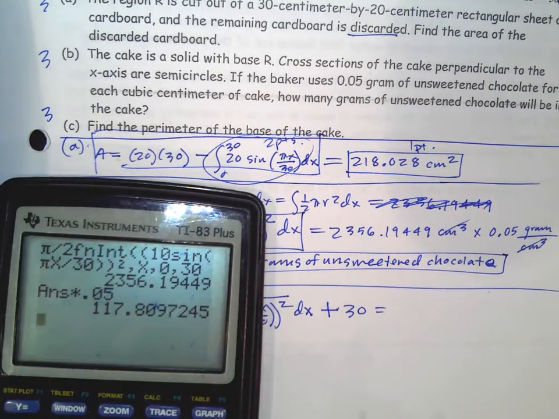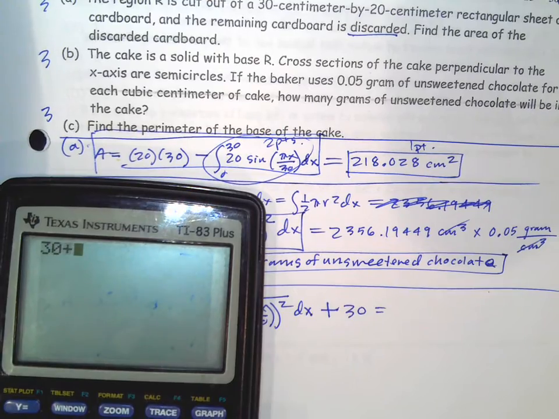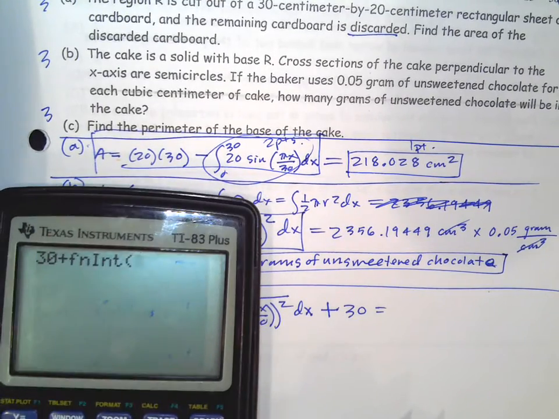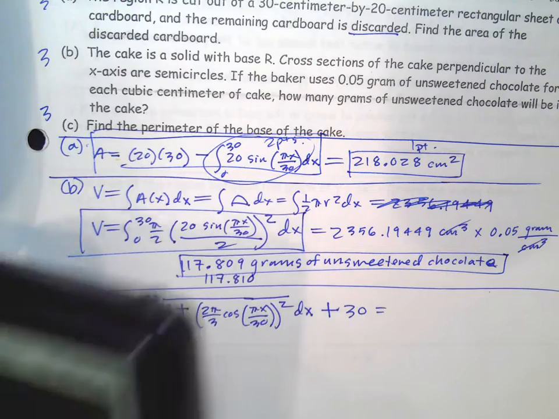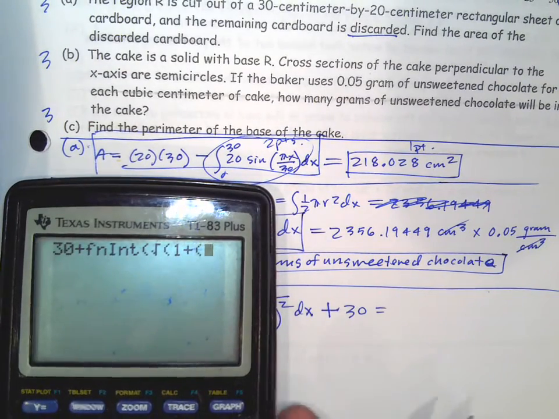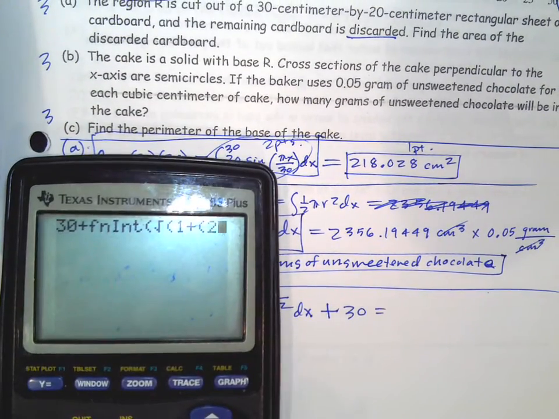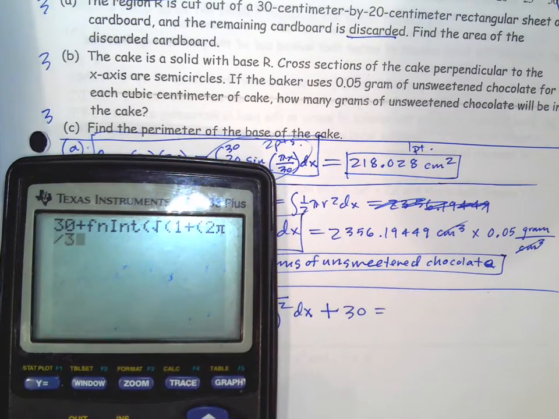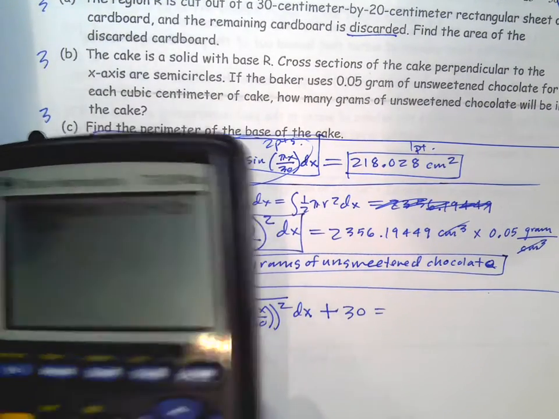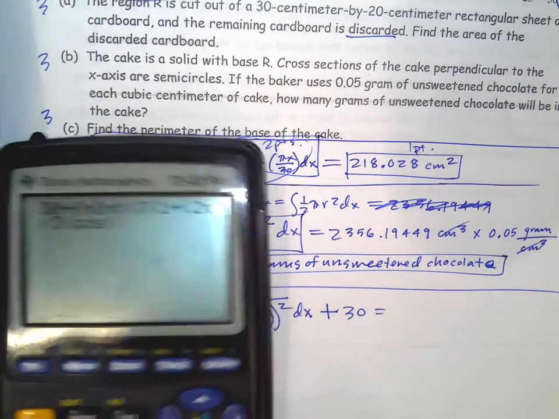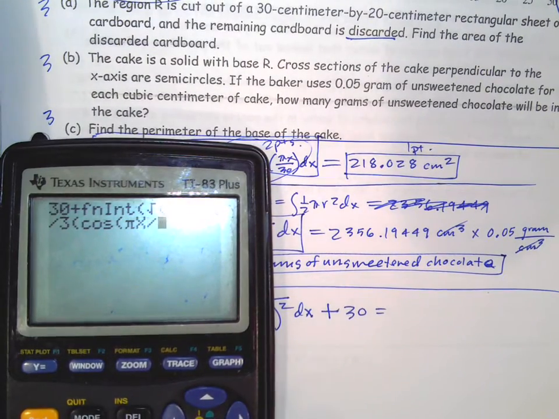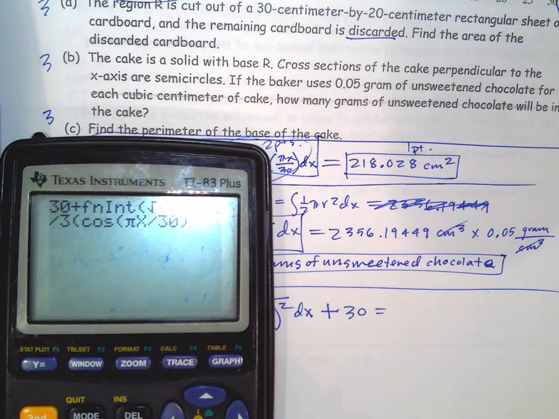So it's going to be 30 plus math 9 square root, 1 plus parentheses 2 pi over 3 parentheses cosine of pi x divided by 30, close the cosine, close that, around that whole thing, close that, squared, close the square root, comma x, comma 0, comma 30.